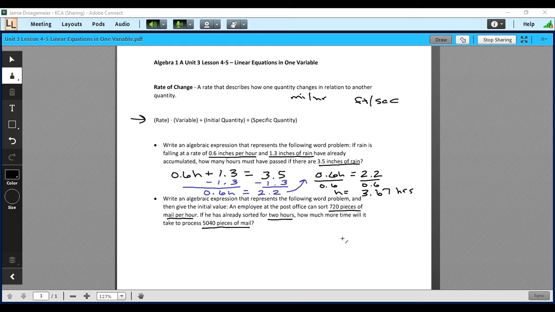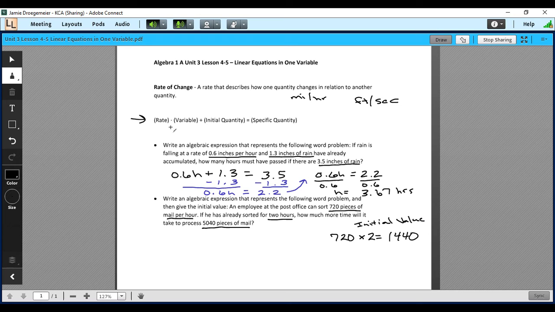Well, if he sorts 720 pieces every hour, and he's done 2 hours, we're going to multiply it by 2. So that initial value, if you multiply the 720 times 2, you get 1,440. That's going to be the initial value. So that's how much mail he's already sorted.